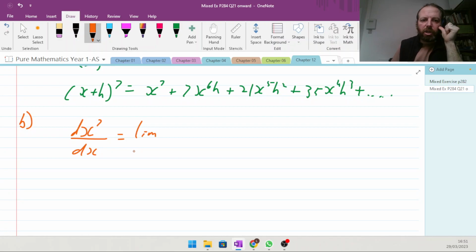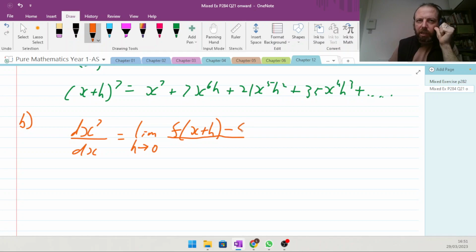of h tending towards 0, and the formula that we need to use is f of (x + h) minus f of x, all over h.